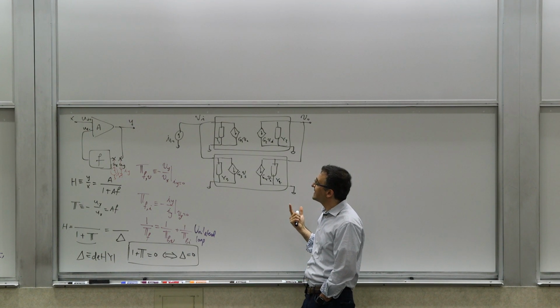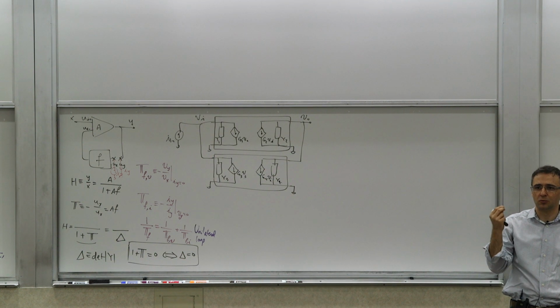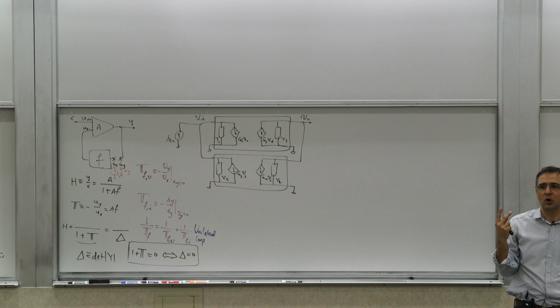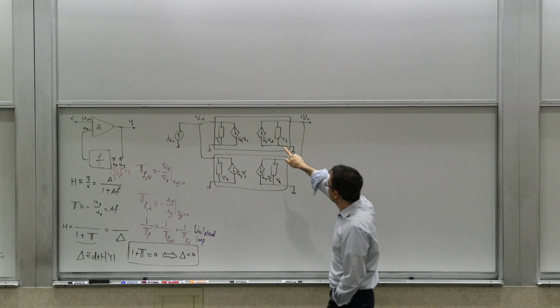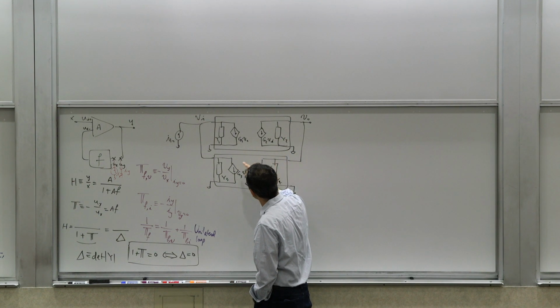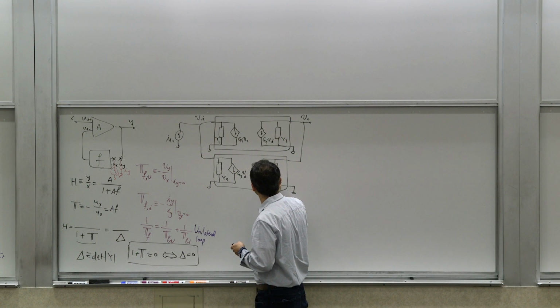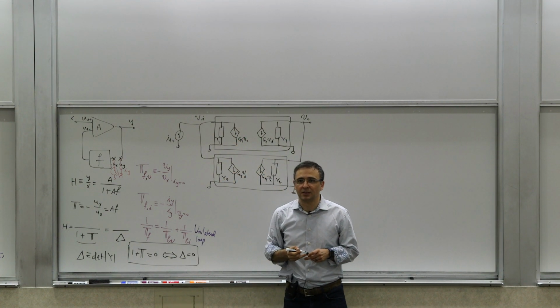So with these, you can see what are the transconductances that are responsible for your forward loop gain. Which two are responsible for the forward transfer, the flow in the clockwise direction? G2 and G3, right? This guy and that guy, because this takes the signal from the input to the output, and this takes the signal from the output back to the input. And G1 and G4 are responsible for reverse.